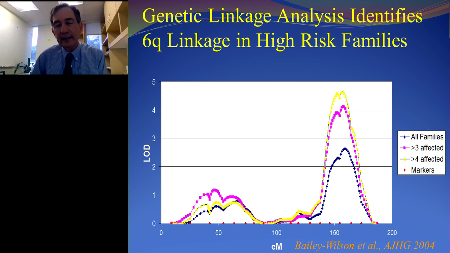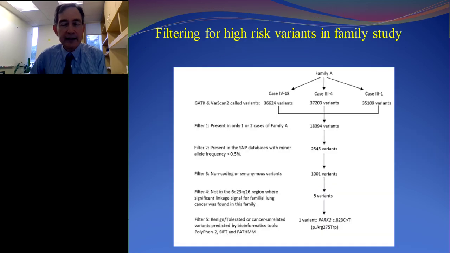The problem with a linkage analysis is it does identify regions, but they can be quite broad. So trying to identify the specific genetic factor that is driving this evidence for genetic susceptibility is challenging.